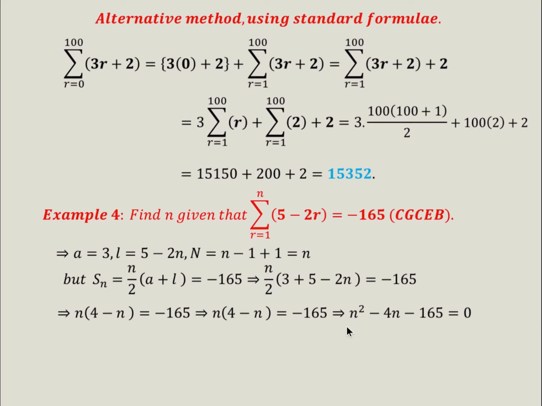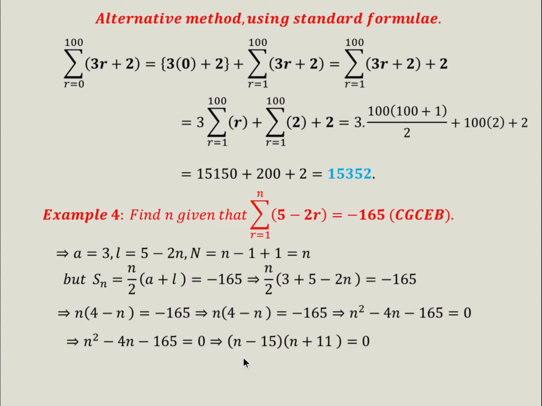When you simplify, you would get n into 4 minus n equals negative 165, and upon simplification we get n squared minus 4n minus 165 equals 0, which is a quadratic equation in n.